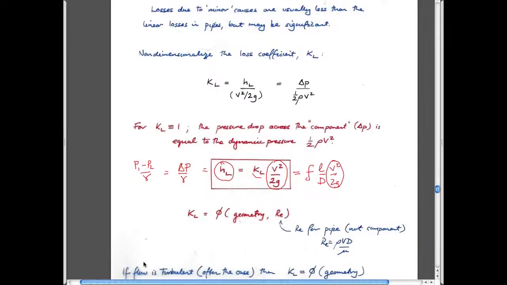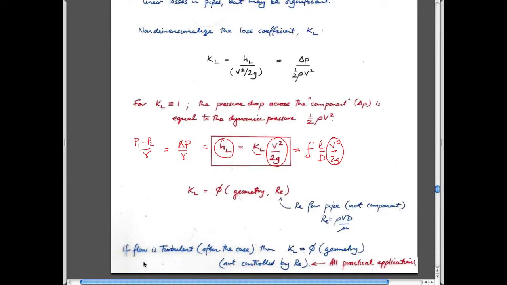So not very different from what we've done. It's just that this magnitude here is an equivalent magnitude of a loss coefficient, K sub L. Typically, just like for major losses, the loss coefficient is a function of Reynolds number and geometry.